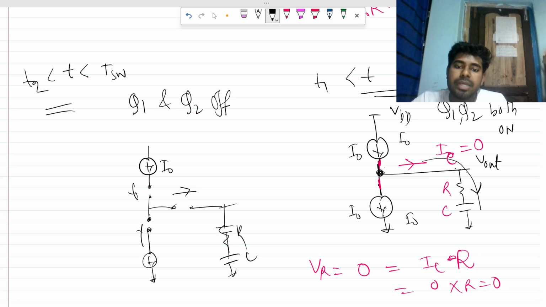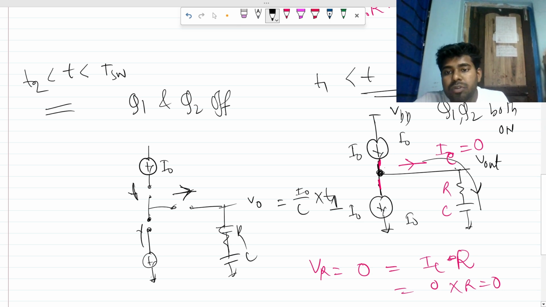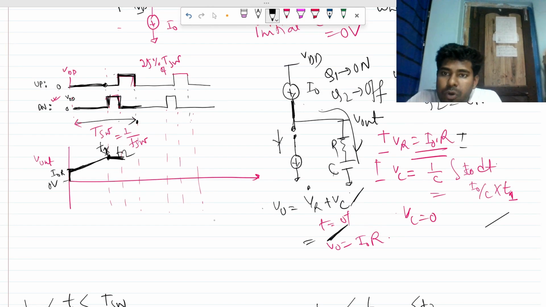So again it will hold its previous voltage, which is nothing but 1 by C I0 into T1. So the same voltage will be held up to that point.